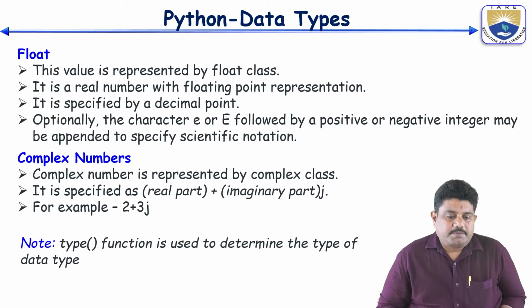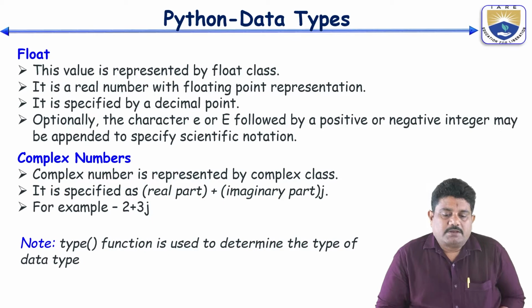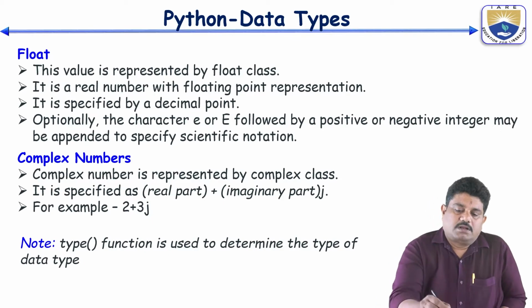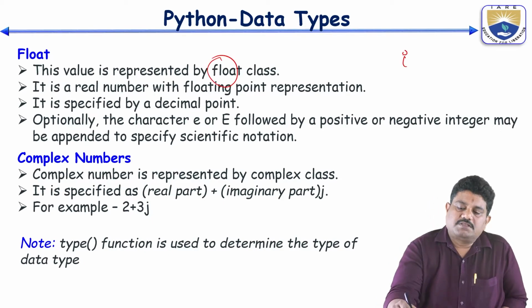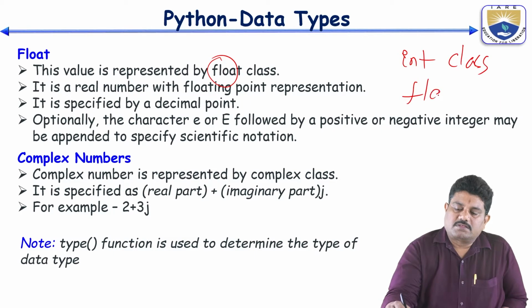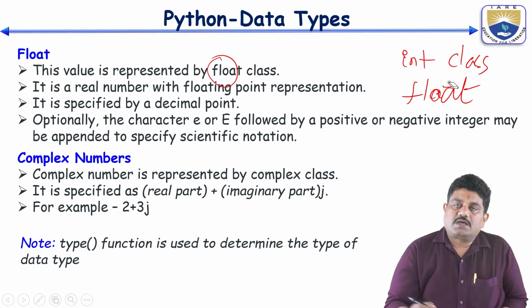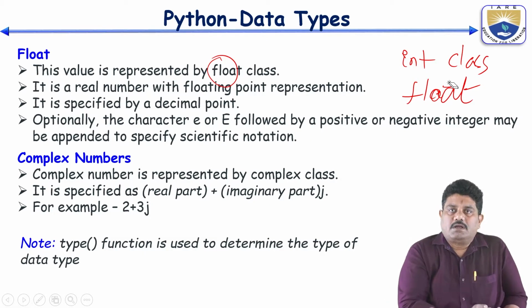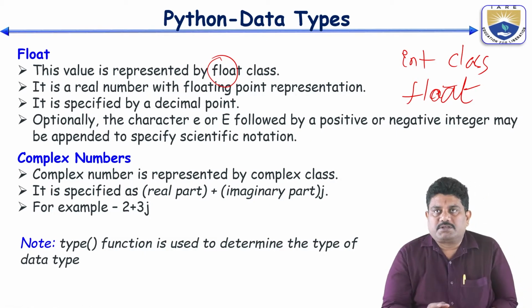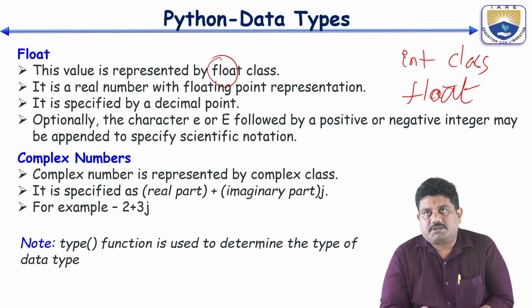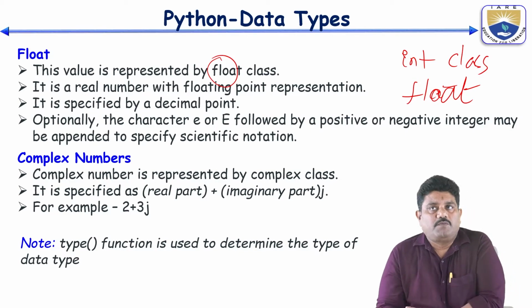The next type is the float type. Its value is represented by the float class. So if it is an integer, it is the integer class. If it is a float, it is the float class. I already told what a class is. A class is a design concept, and whatever object or variable is created of that type becomes an object of it.